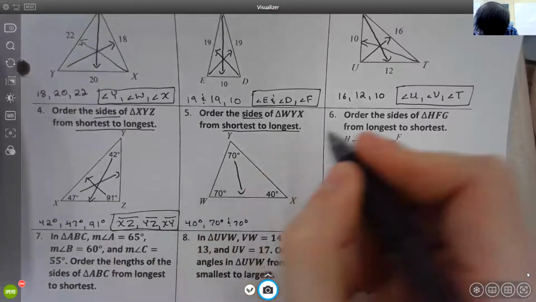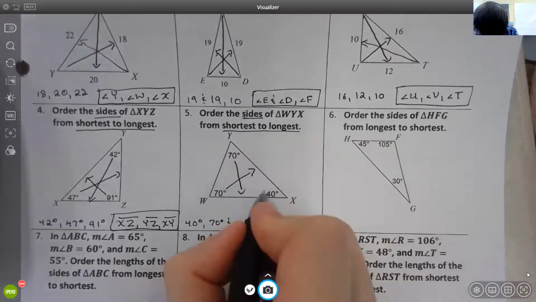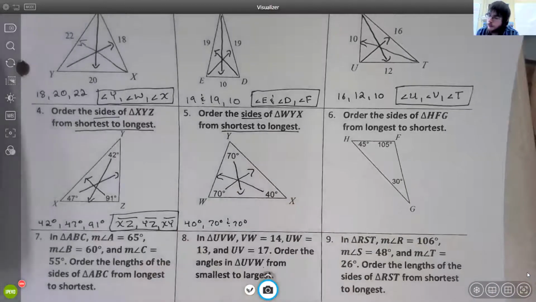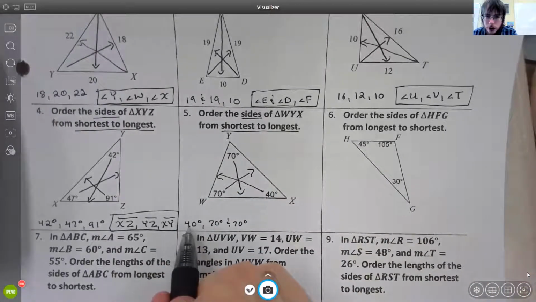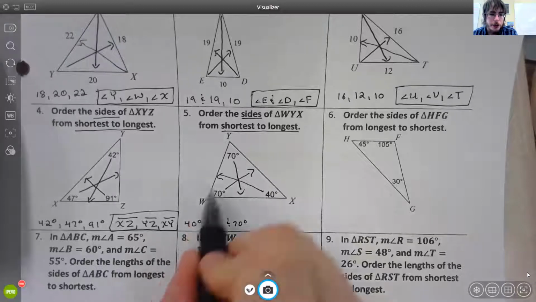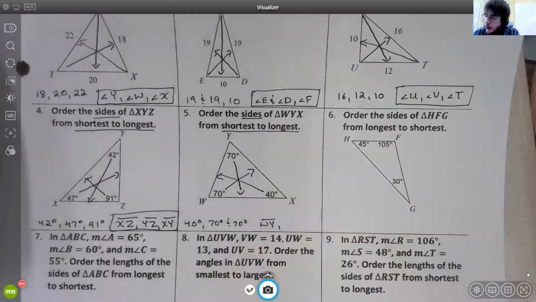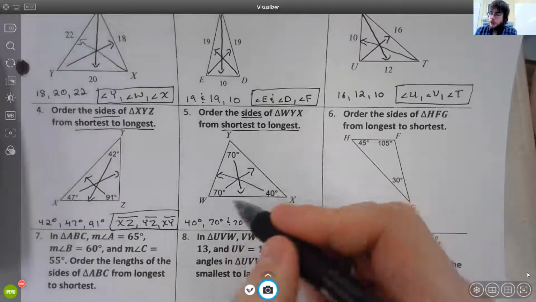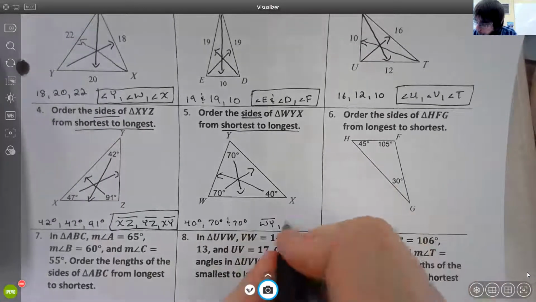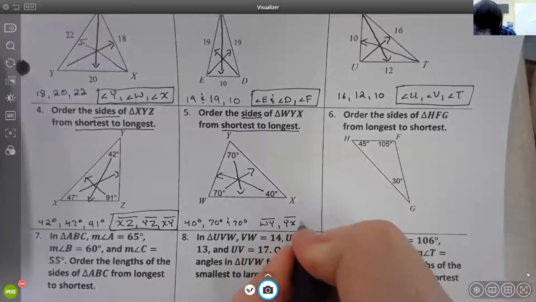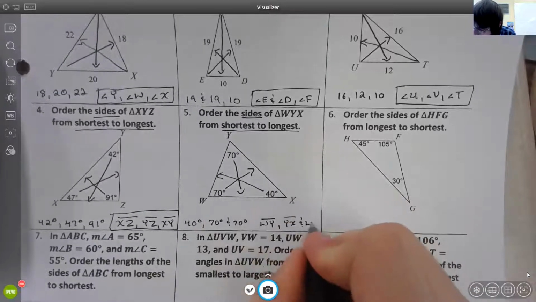So I'm going to draw my arrows. What side corresponds to 40 degrees? That would be WY. What side corresponds with the 70 degrees? Well, that would be YX and WX.